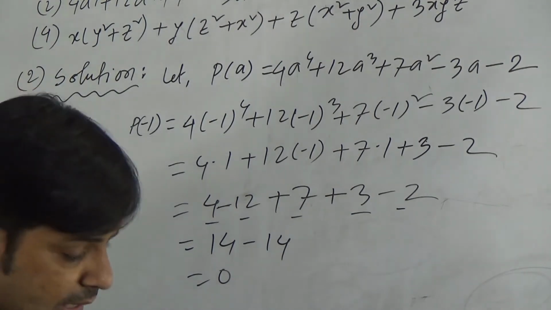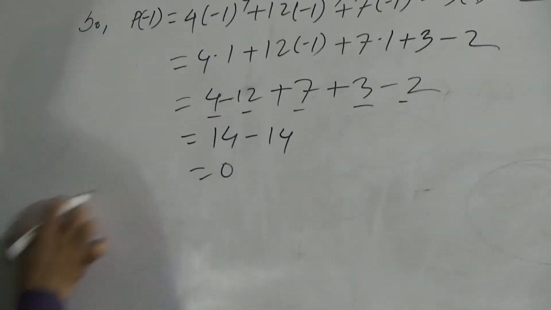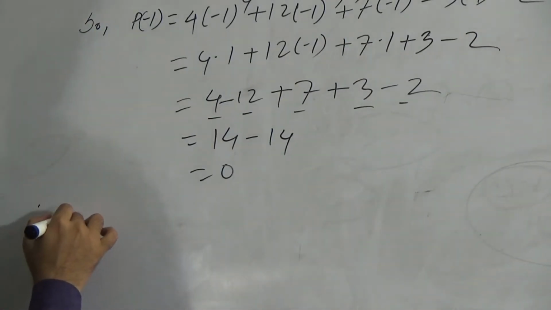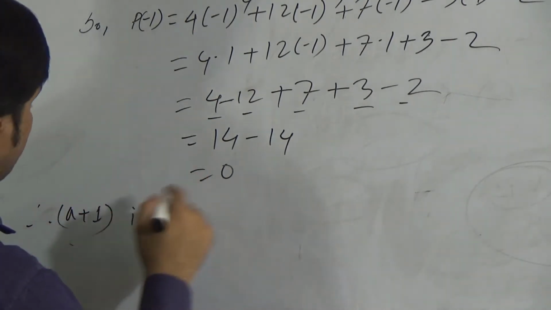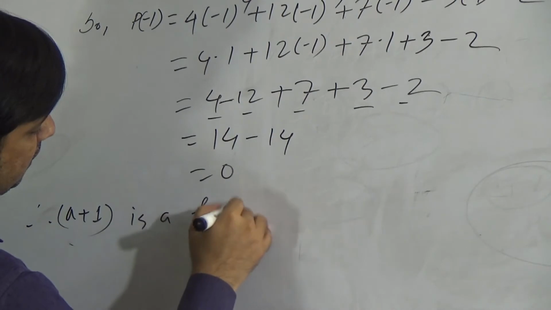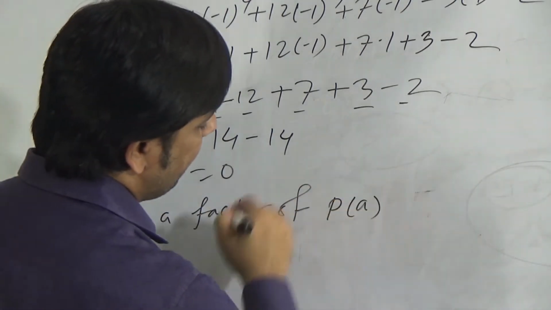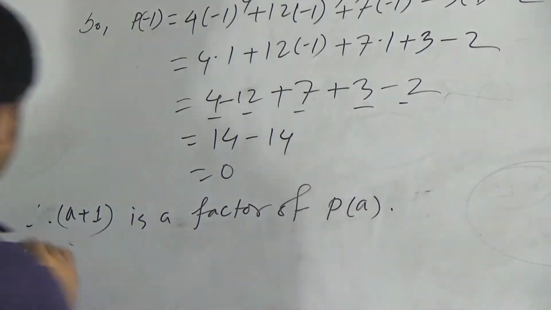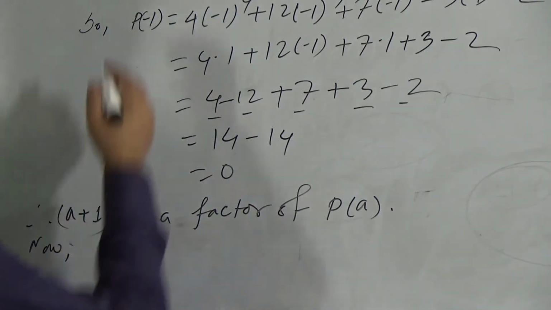So, therefore, a plus 1 is a factor of p of a. Now, as a plus 1 is a factor of p of a, we can determine the other factors here.